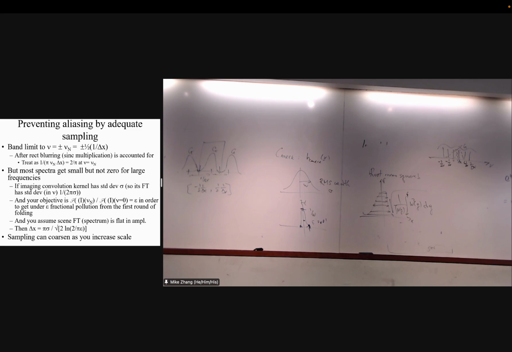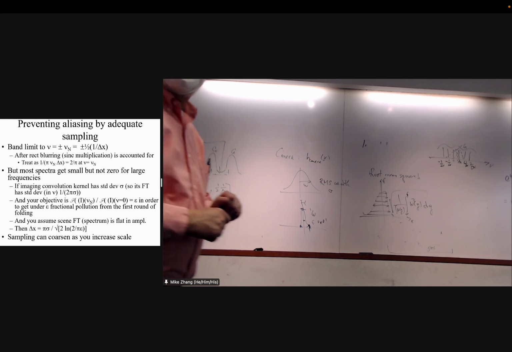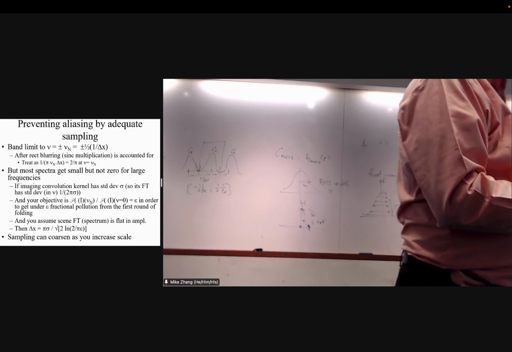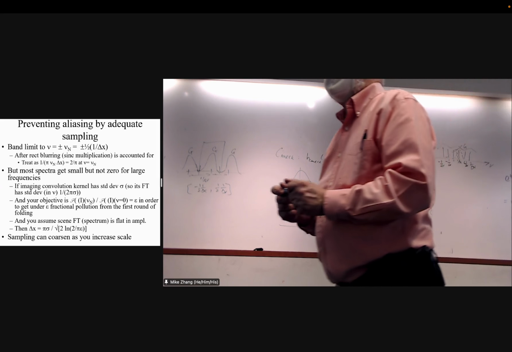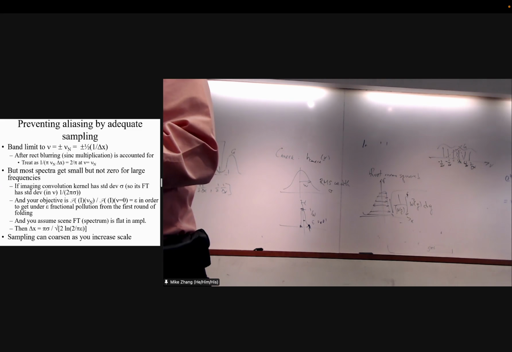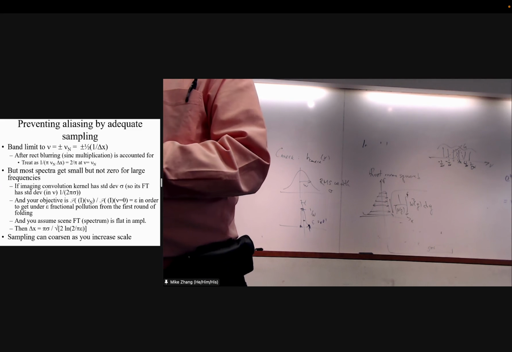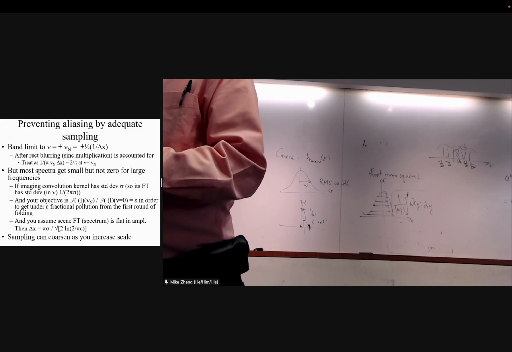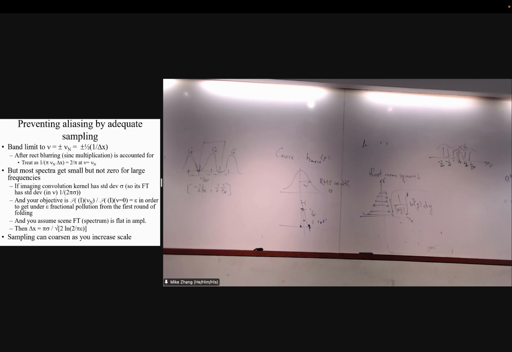All this business was discovered by an impressive scientist named Claude Shannon. It's called Shannon's sampling theory. Shannon was a pretty amazing guy. He was a grad student at MIT. This was his master's thesis.